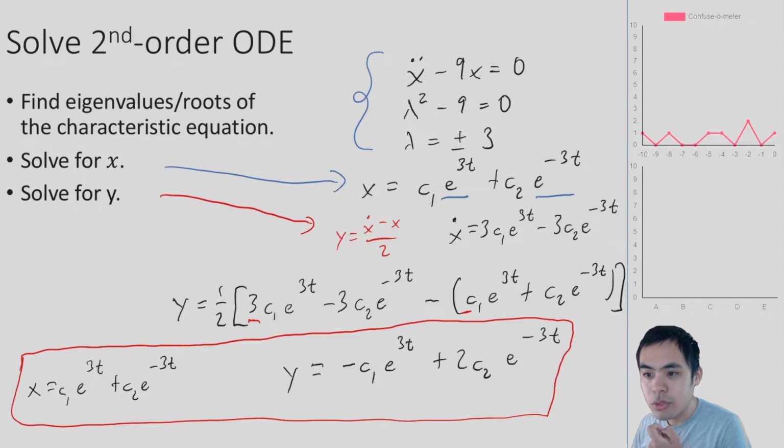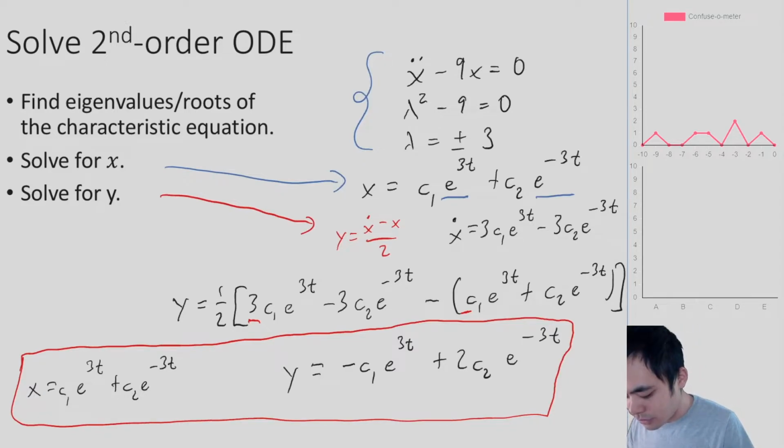What did I do here? I think I might have gotten my signs wrong. So let's double check what we did here. We had 3c1, did I do that right? x dot minus x.